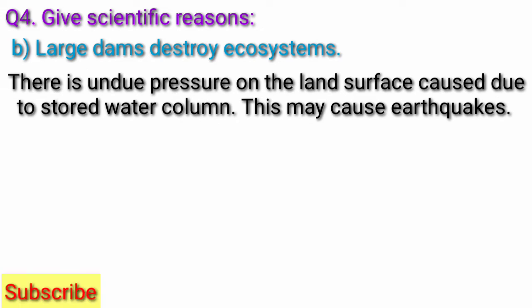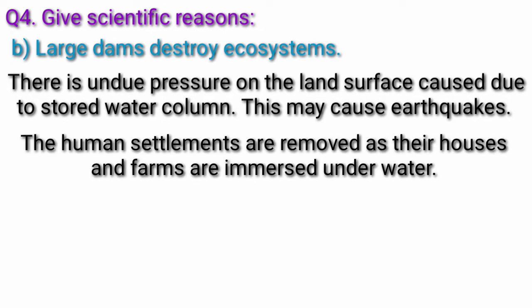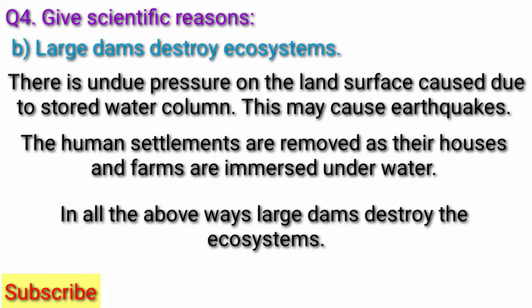There is undue pressure on the land surface caused due to the stored water column. This may cause earthquakes. The human settlements are removed as their houses and farms are immersed under water. In all the above ways, large dams destroy the ecosystems.